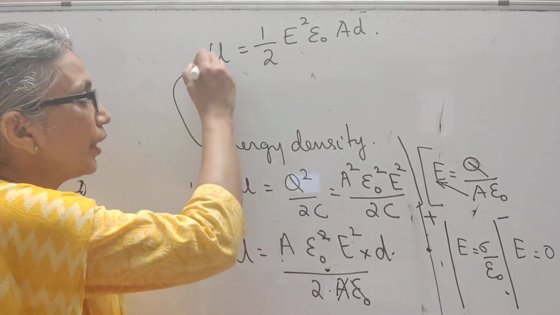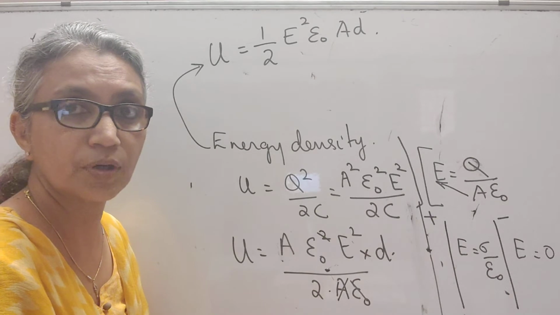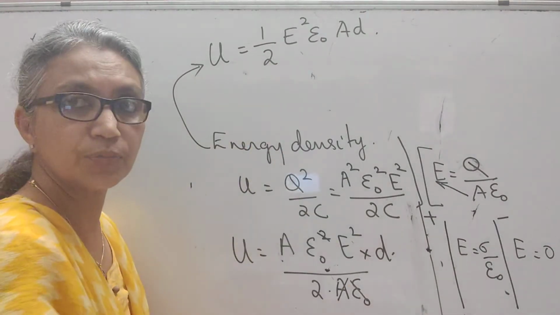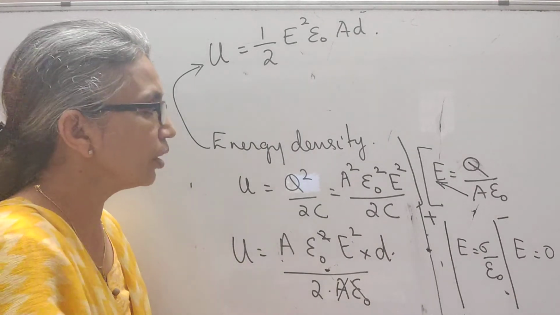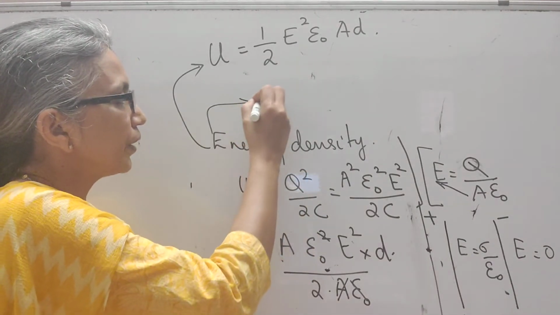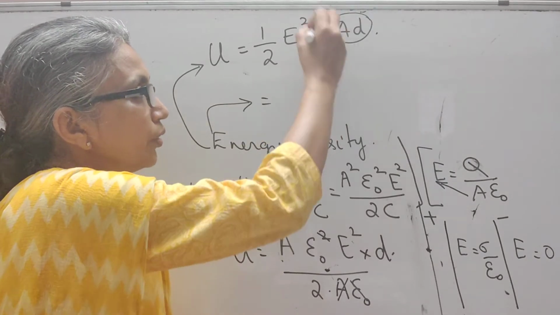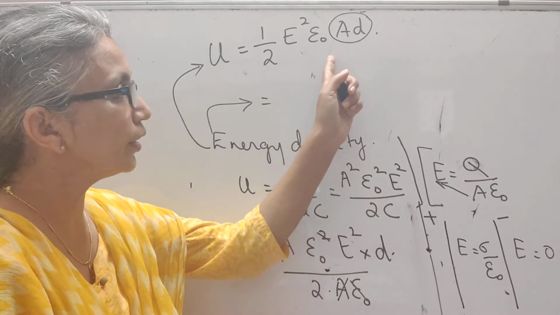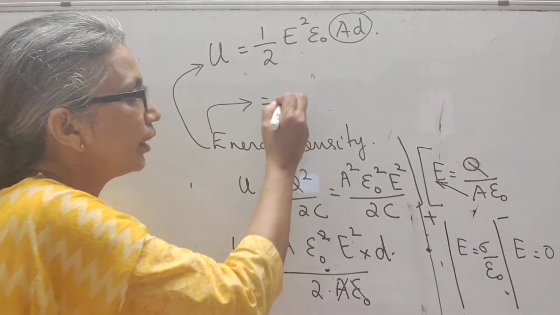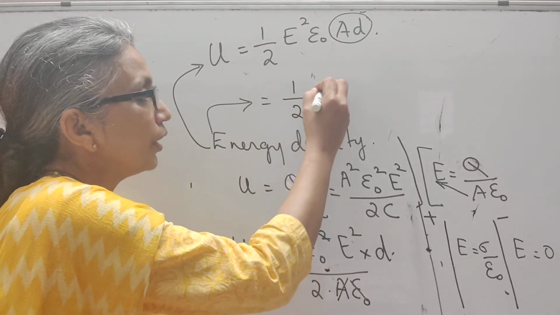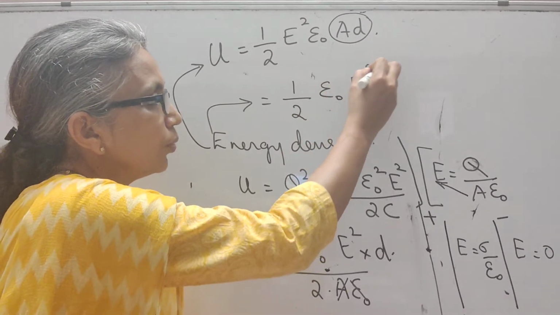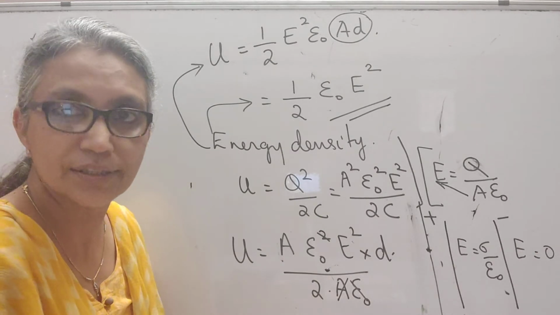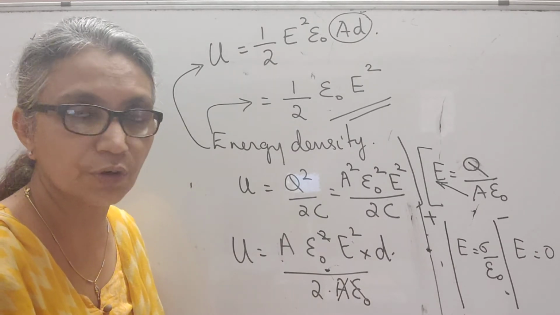Now, if you're talking about energy density, then we are talking about energy stored in unit volume. So you need to divide this by the volume to get the energy stored in unit volume. Then the energy density becomes, this A into D will get cancelled, because if I divide by the volume, there's an A into D in the denominator, and I have the expression as half epsilon 0 E square, which is the expression for energy density of a capacitor, that is, energy stored in the capacitor per unit volume.